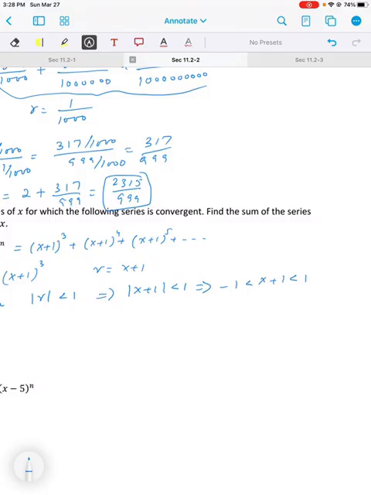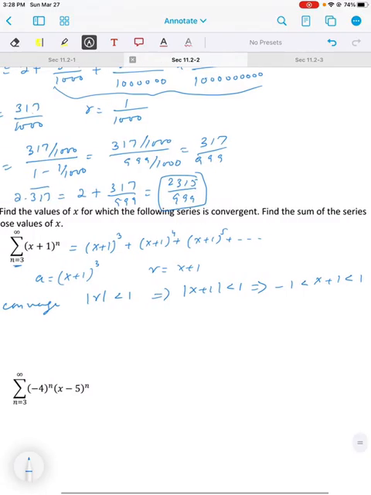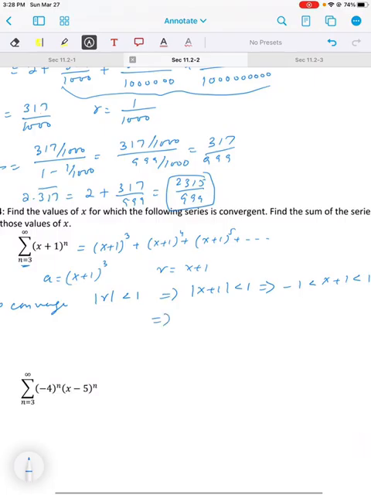We subtract the 1, and we end up getting negative 2 is less than x is less than 0. So this converges on negative 2 to 0. It will converge if x is in this interval.